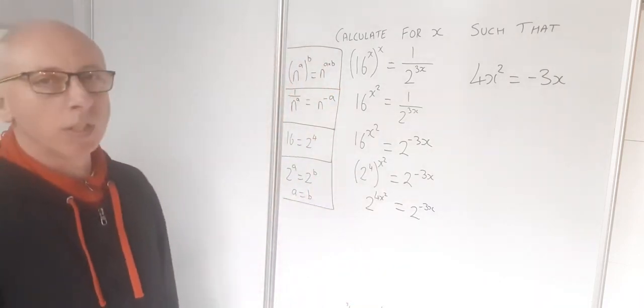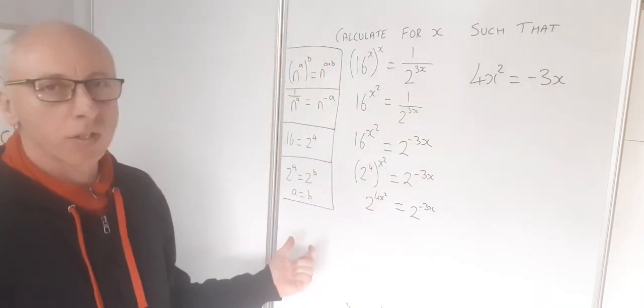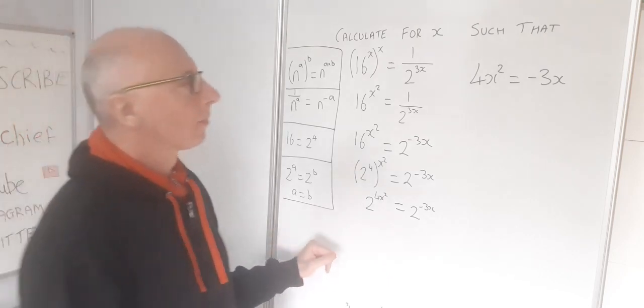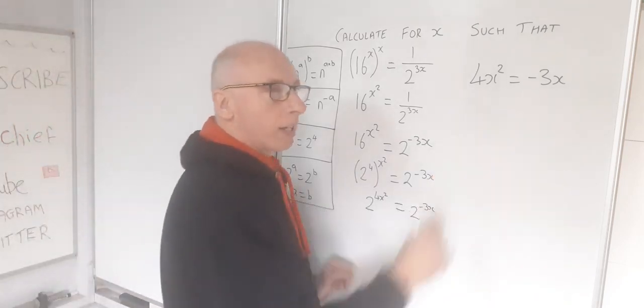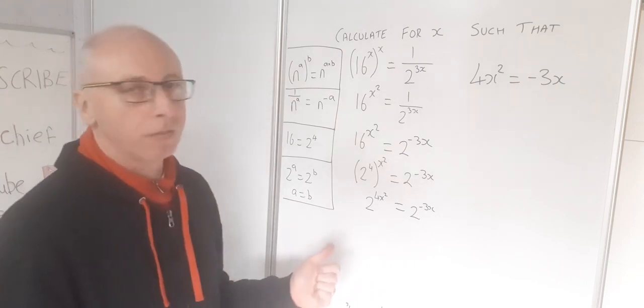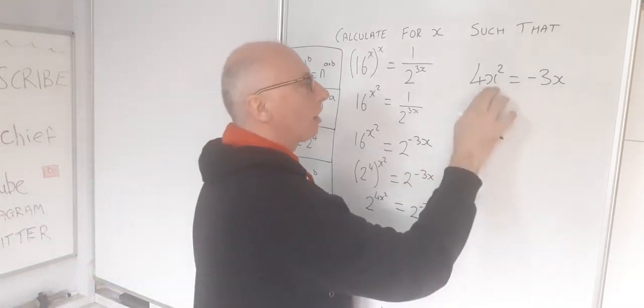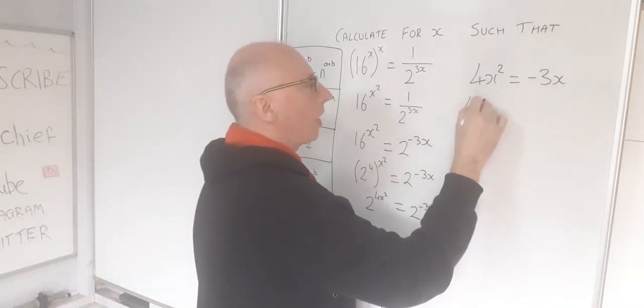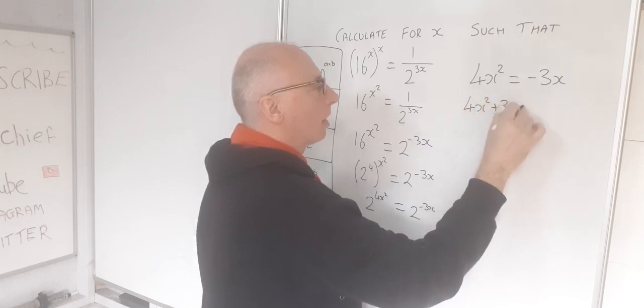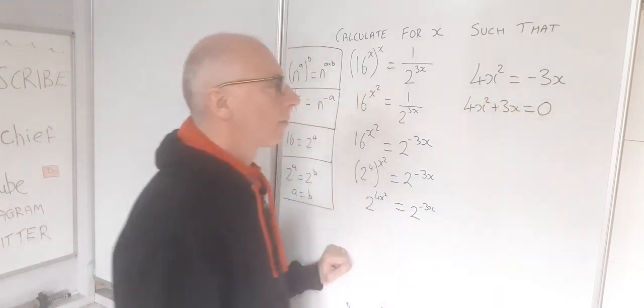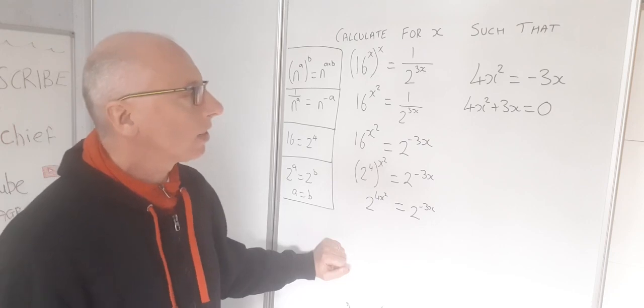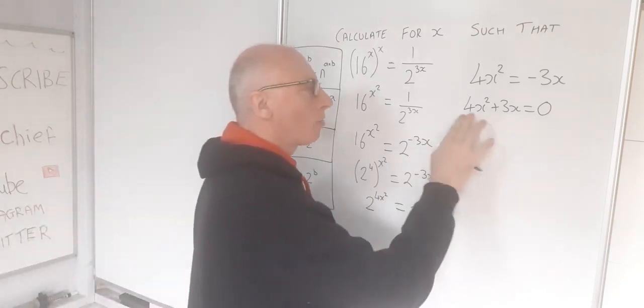Okay, now what we need to do now is just solve for x, and we've got our solutions. So let's do that. So if we set it to 0, we can perhaps factor it and find a result. So bring the 3x onto this side. So 4x squared plus 3x equals 0. Okay, now let's factor out our quadratic. This is basically a quadratic term.